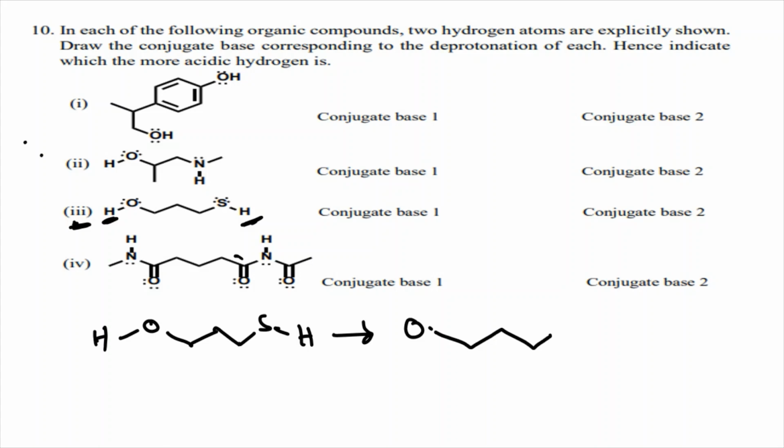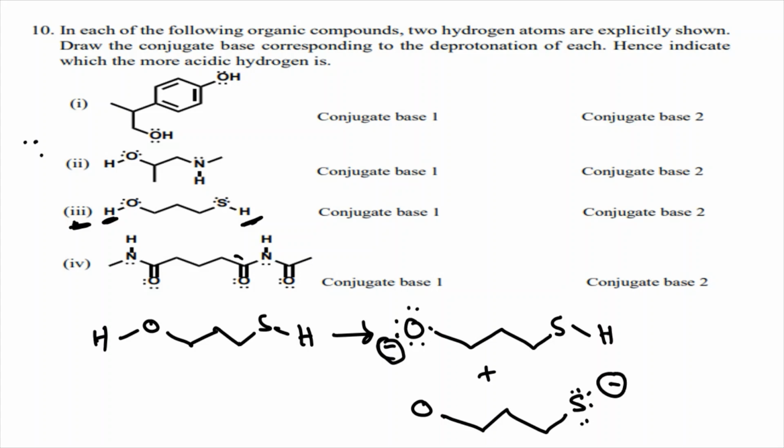Then you have this, because the oxygen has lost the hydrogen to be negatively charged. So this is conjugate 1. Conjugate 2 is where you lose the H that is attached to the sulfur. So this will be conjugate 2.